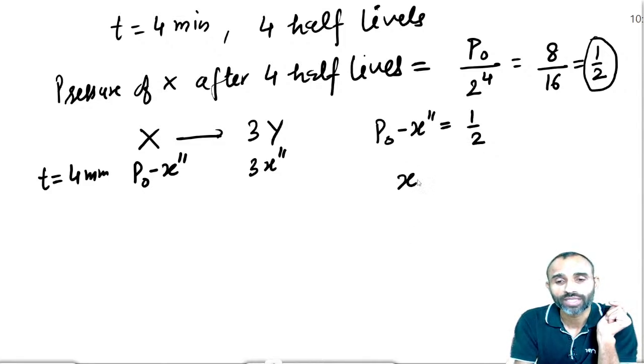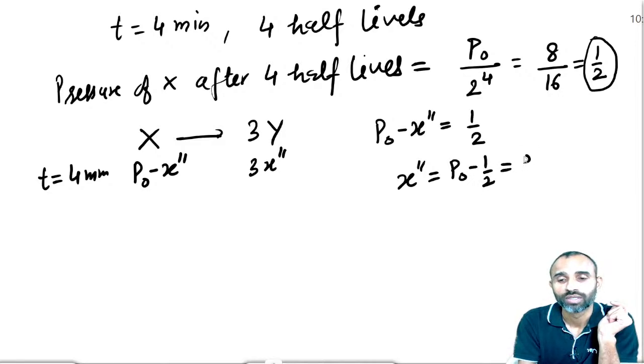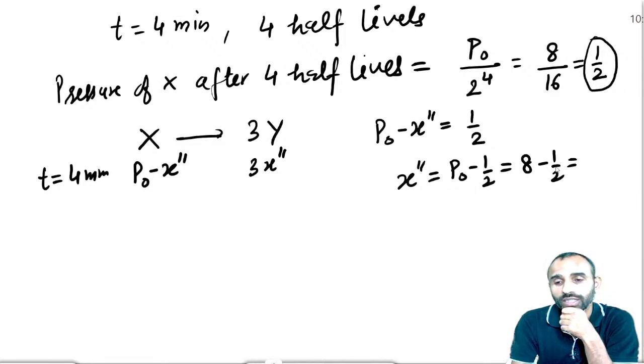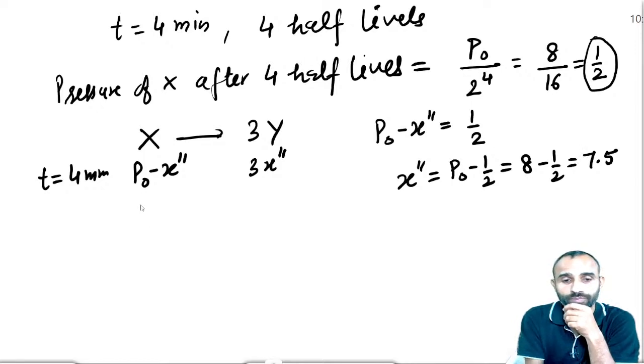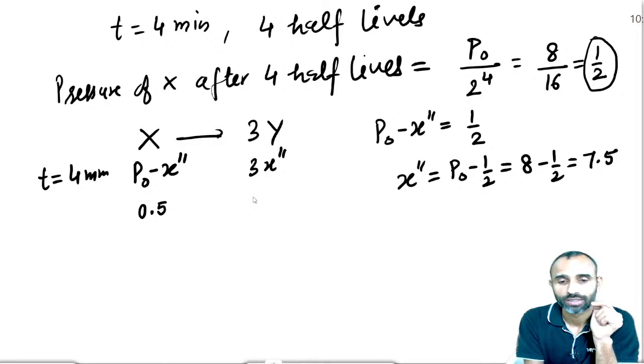That implies x double dash is P naught minus half. 8 minus half is 7.5. That implies it is 0.5, and it is 7.5 into 3, which is 22.5.